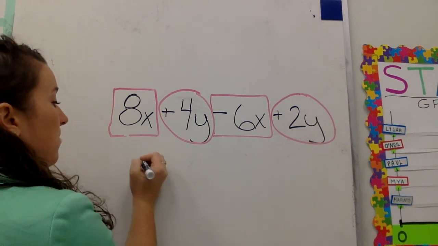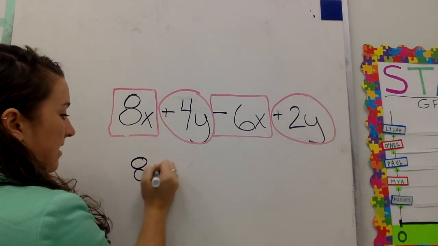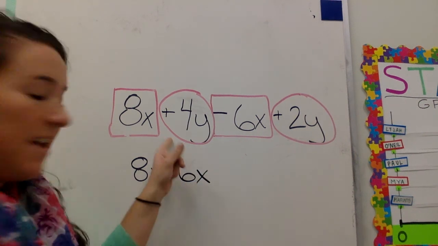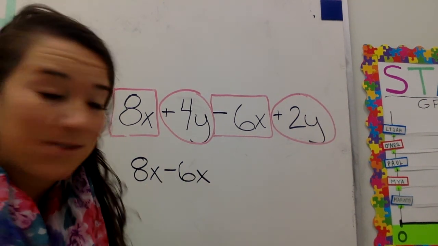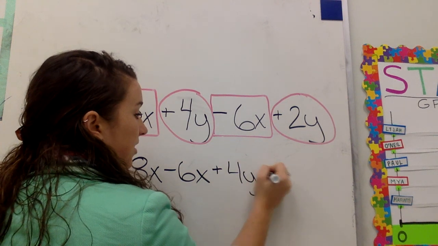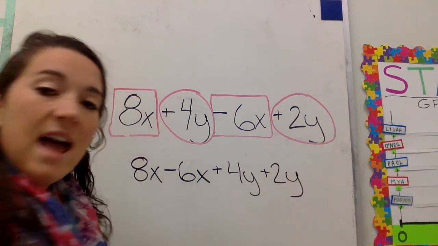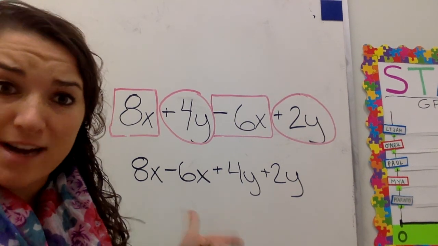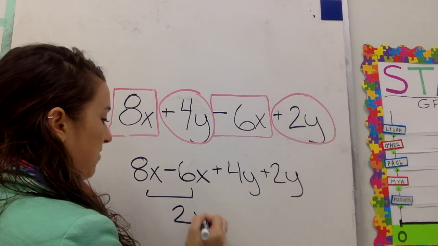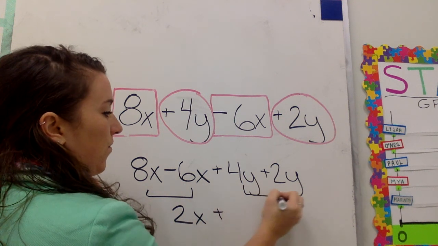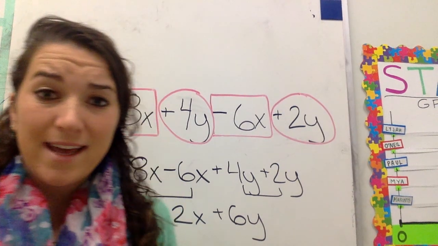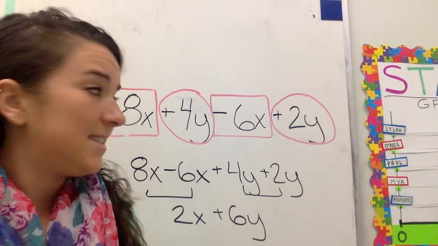So it would be 8x, my other box, minus 6x, in this circle right here, plus 4y, and then I'm going to make sure that one's next to my other term, plus 2y. And now I'm just going to combine the terms that are next to each other that have the same variable. So 8x minus 6x is 2x, plus 4y plus 2y, which is 6y. So when we combine like terms, we'll get 2x plus 6y.